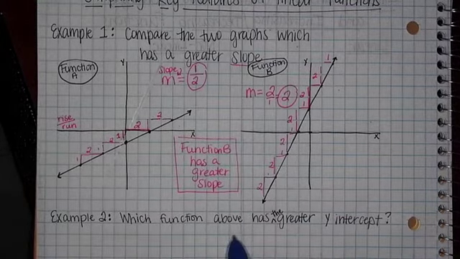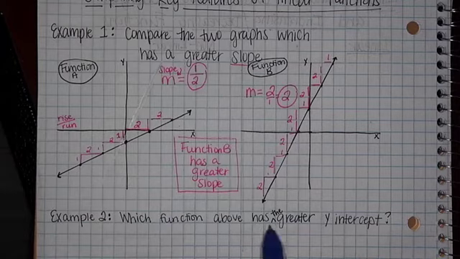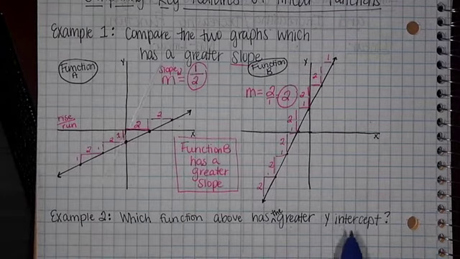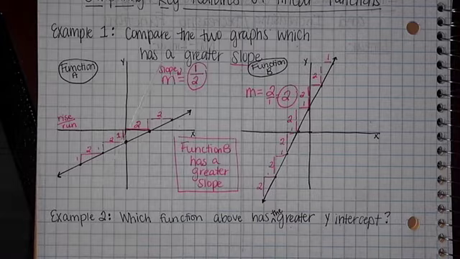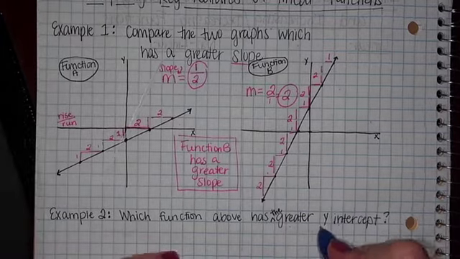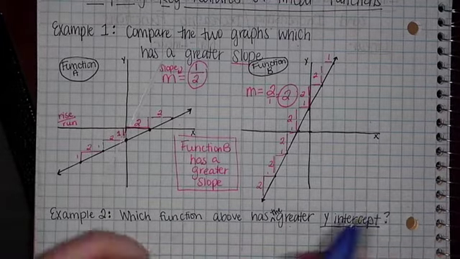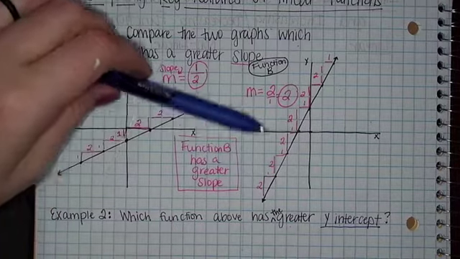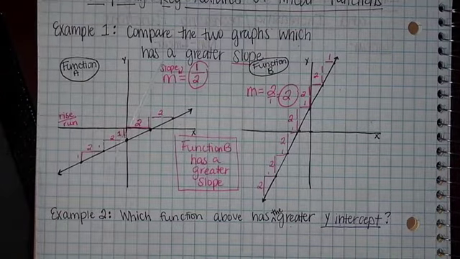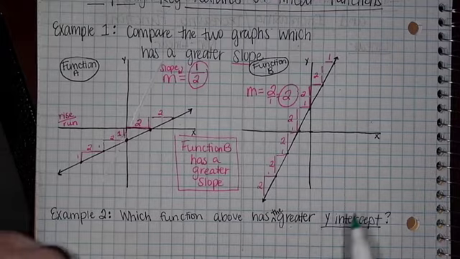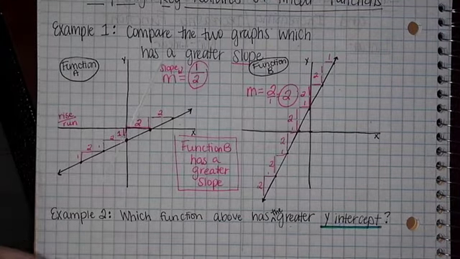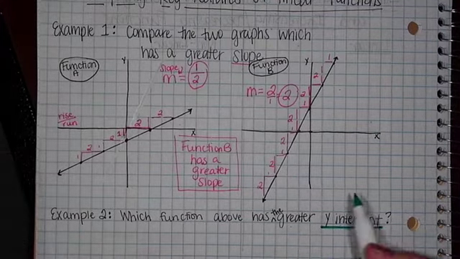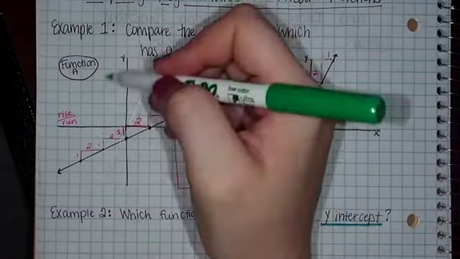Okay, so then this next one says, which function above has the greater y-intercept? So we're going to look for the greater y-intercept. I'll do it in green marker. Remember, the y-intercept is where it crosses the y-axis.